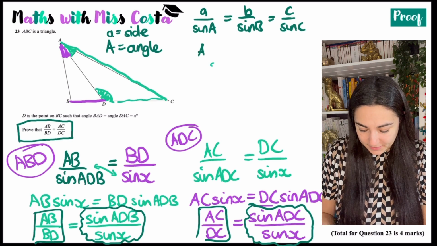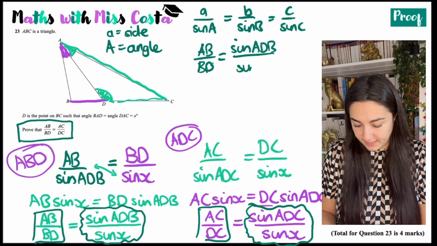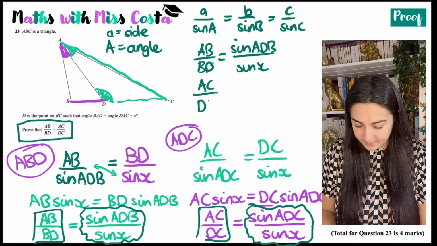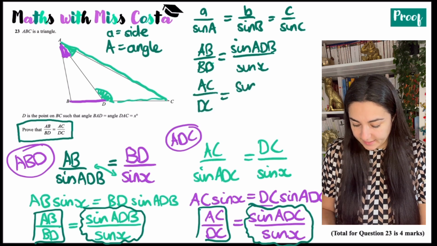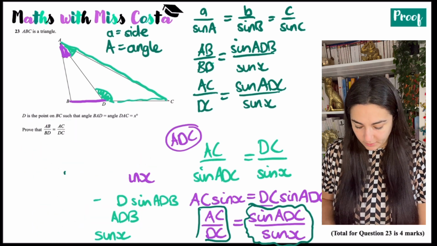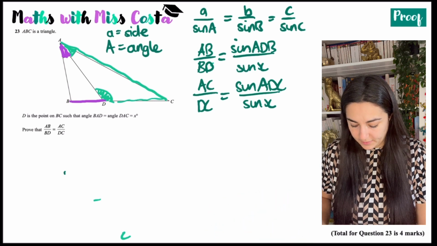So I'm just going to write out the key part. So AB over BD is sine ADB over sine X, and then AC over DC is sine ADC over sine X. Okay, so I'm just going to get rid of all of this to make space for some working. And then let's see what I can do now.